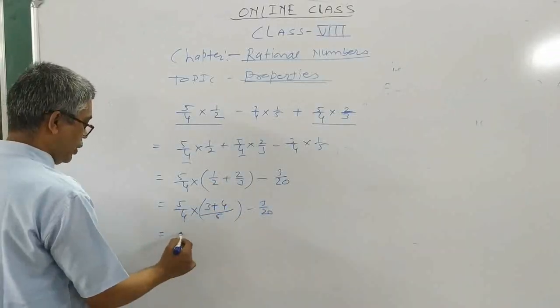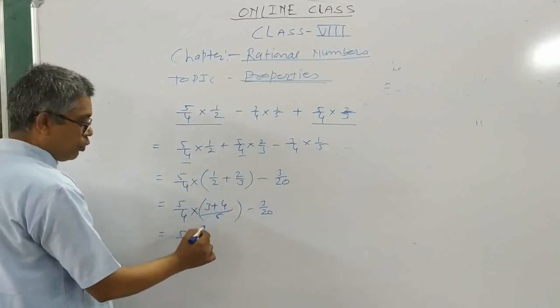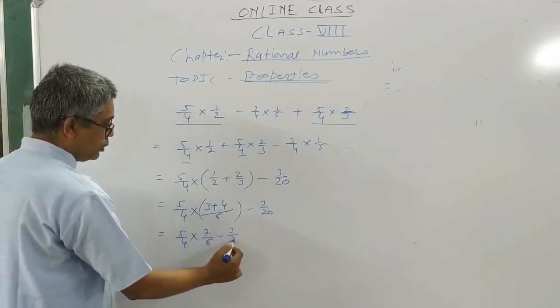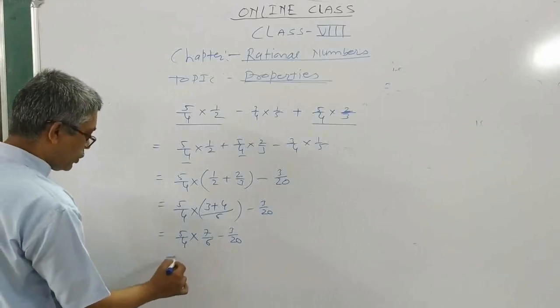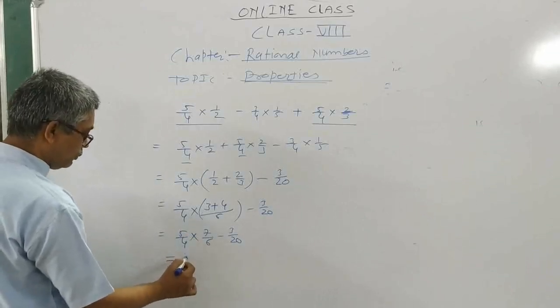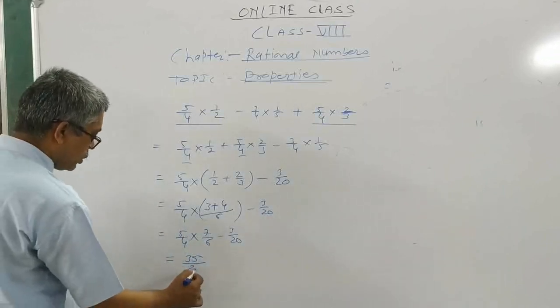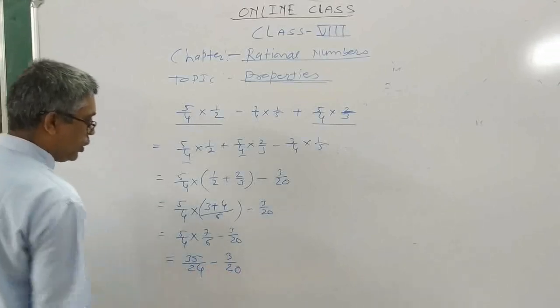So what we get here? 5 by 4 into 3 plus 4 7, 7 by 6 minus 3 by 20. So we have to multiply it first. So 7 5 is 35, 6 4 is 24 minus 3 by 20.